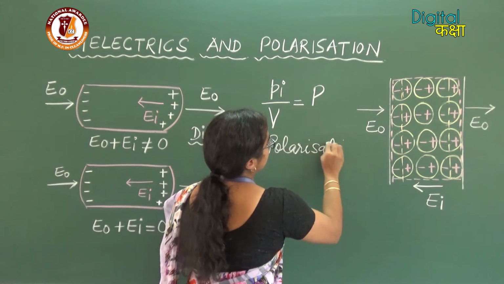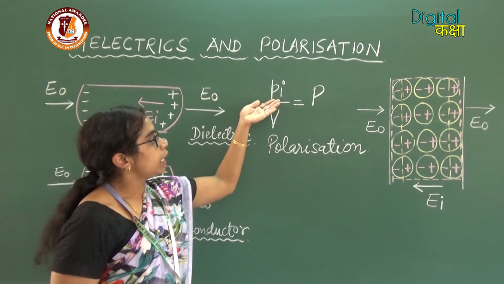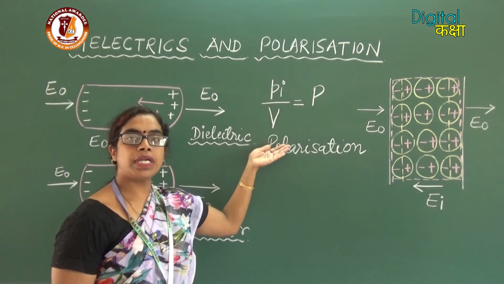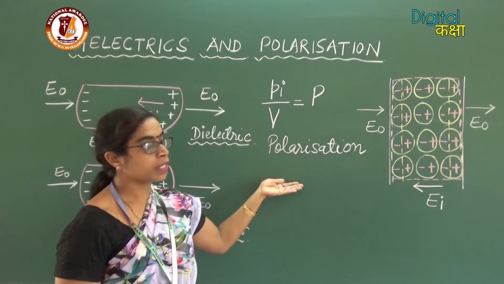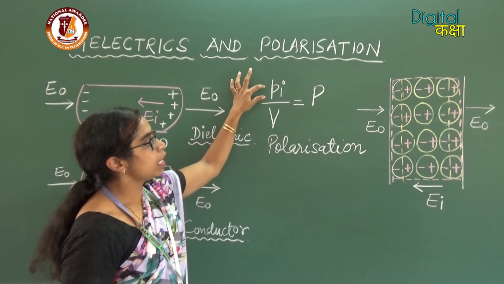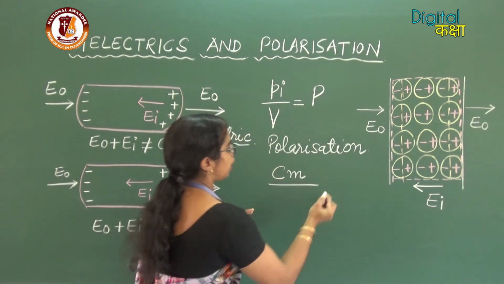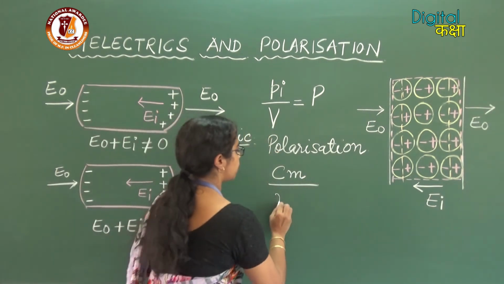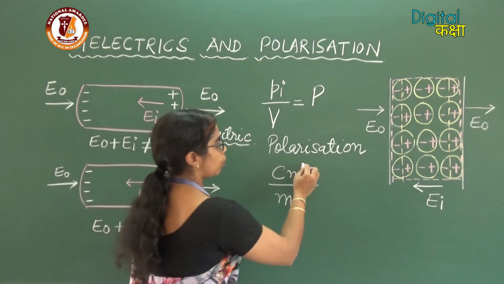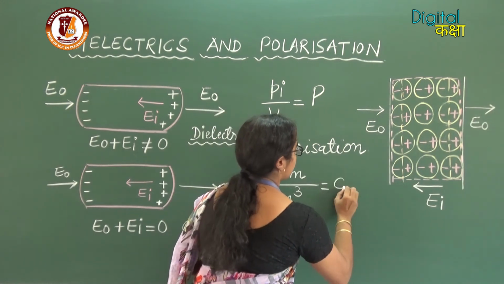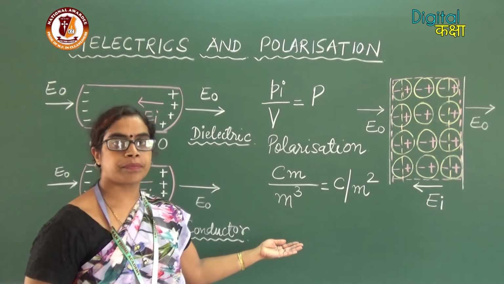So the definition of polarization is the induced dipole moment per unit volume of the dielectric. Since we know that the SI unit for the dipole moment is coulomb meter and the SI unit of volume is meter cube, the SI unit of polarization can be written as coulomb per meter square.